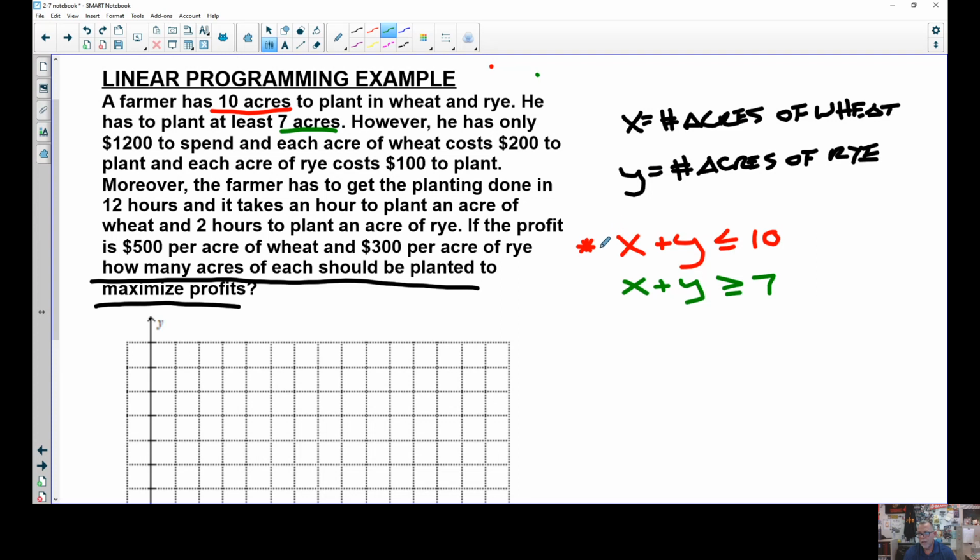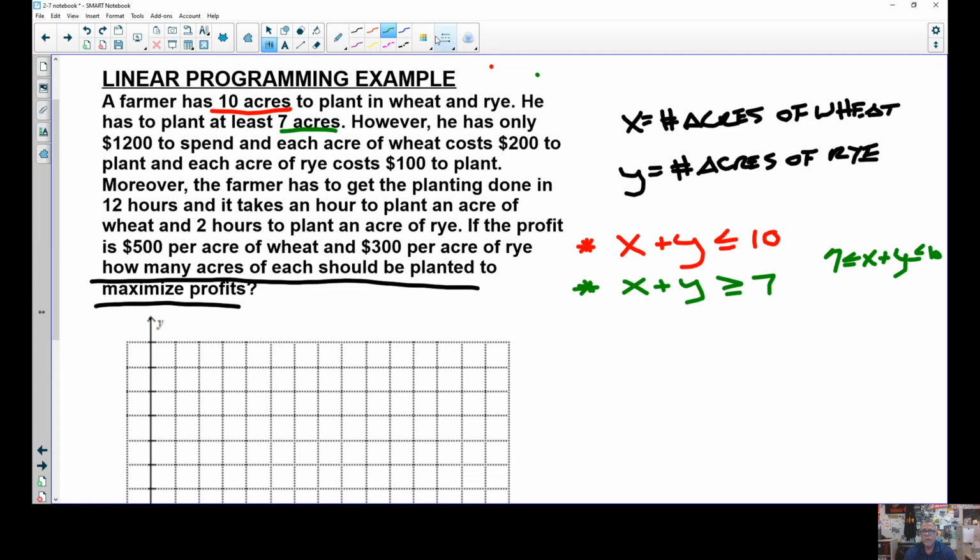Or you could have just added it on this end and said X plus Y greater than or equal to 7 and had it between 7 and 10. Either way, do it as a separate one, or you could have combined these into something that looks like this, right? Either one of these two combinations.